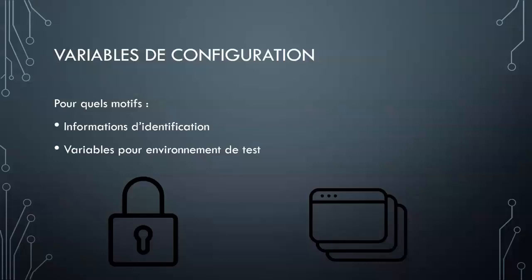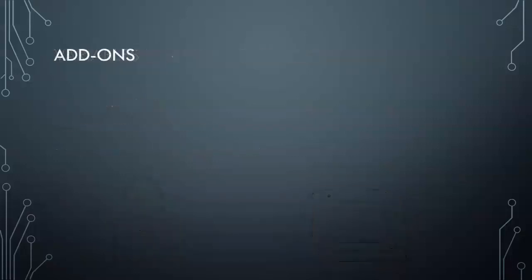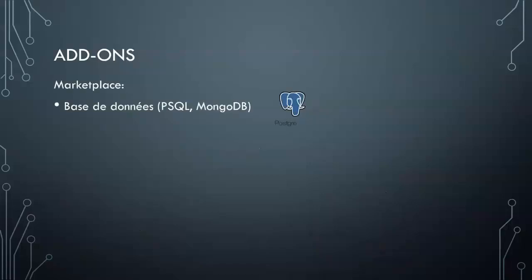And finally, the last thing we are talking about are add-ons. As said before, they can be many things. A database like PSQL, a caching system like Redis or Memcache, or even an advanced search system like Elasticsearch. This means that the build pack will create an instance ready to use add-ons.